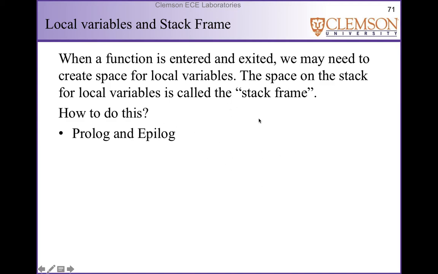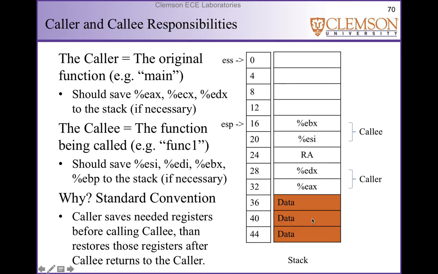ESS is already set up for you, so you don't have to say anything, but you might have noticed you say something like push L EBX, push L EBP, and then move L ESP to EBP. That's the prologue. You're setting up the top, bottom. I mean, technically the top of the address, but in our case, the bottom right here.